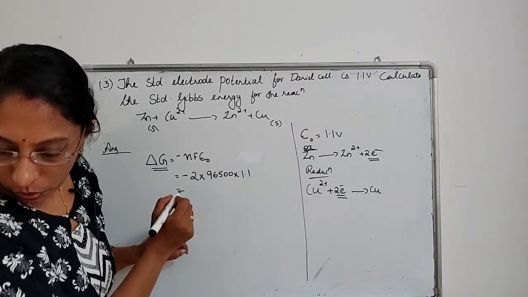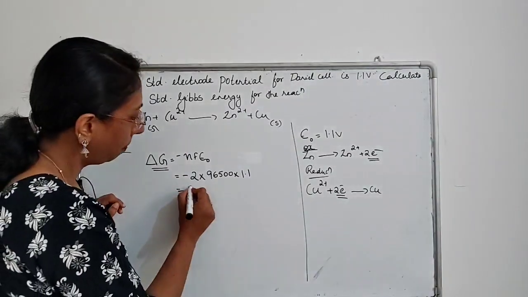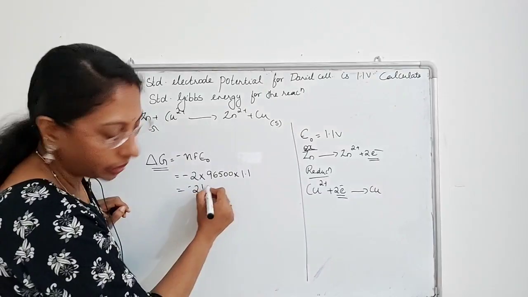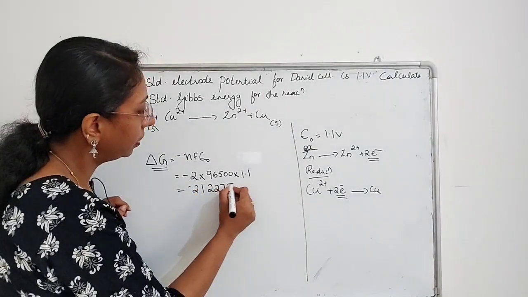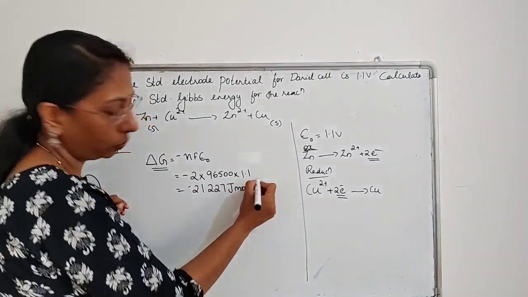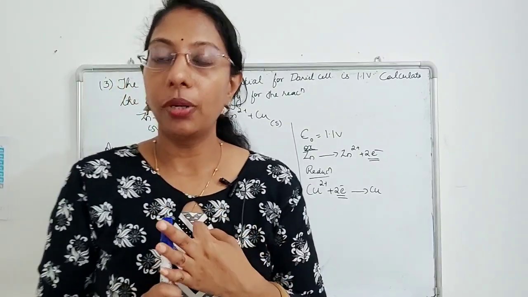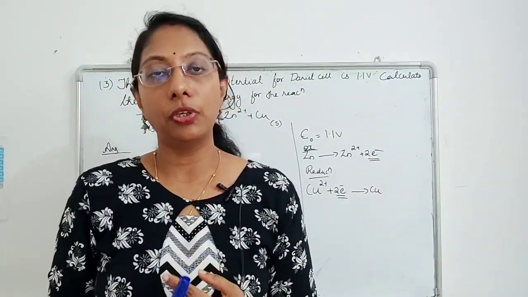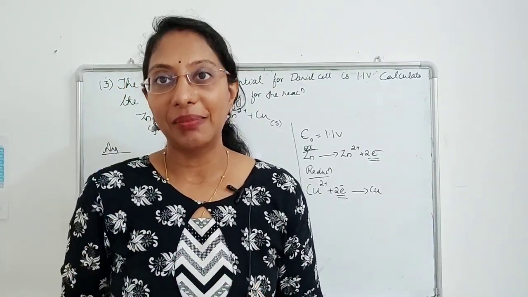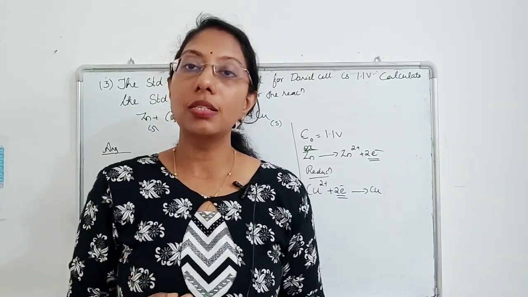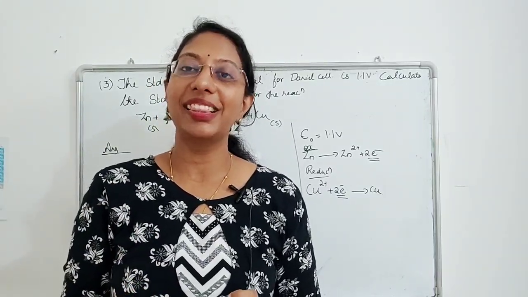Substituting all these values, we get minus 2.1227 into 10 to the power 5 joule per mole. So I think all these three problems which we discussed are clear for you. If you have any doubt, you can comment, and we will also discuss more problems in the next class. Okay, thank you.